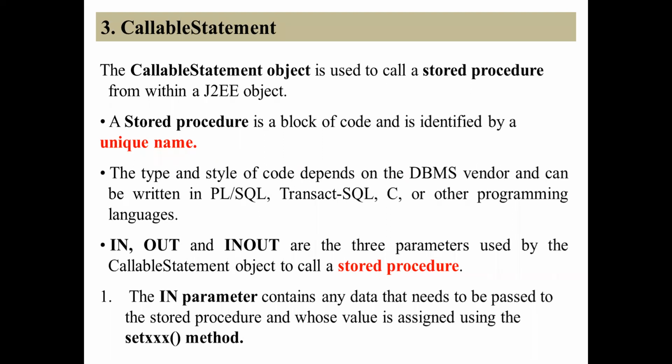In the callable statement, there are three types of parameters we can pass to access or retrieve information from the stored procedure: the IN parameter, the OUT parameter, and the INOUT parameter.